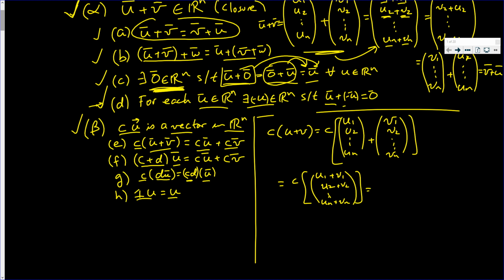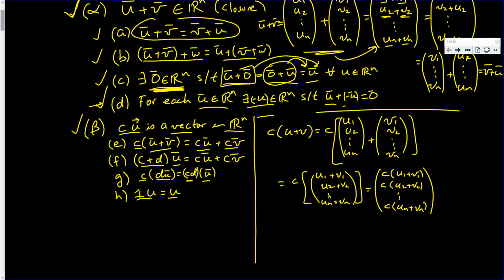Each entry gets multiplied by c. So it's c times the first entry, u1 plus v1, c times u2 plus v2, all the way down to c times un plus vn.